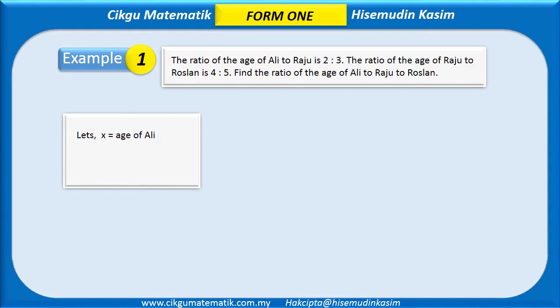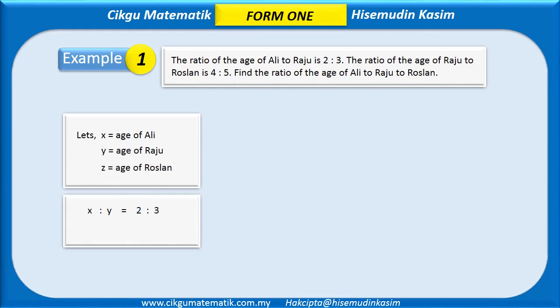Let X be age of Ali, Y be age of Raju, and Z be age of Roslan. The ratio of X to Y is 2 to 3. The ratio of Y to Z is 4 to 5.